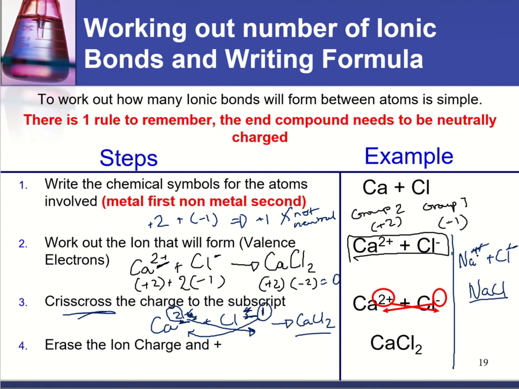Same number, but opposite charges, write symbols together. Different numbers, opposite charge: get rid of the charge numbers and swap the numbers across each other. Remember, the swap always goes to the bottom. This isn't maths, so you don't write the numbers on top.